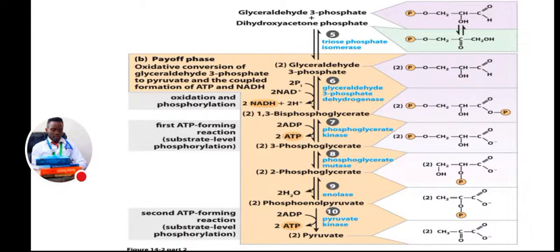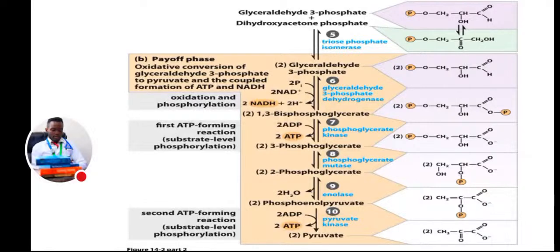Then reaction number 8, we have 3 phosphoglycerate giving us 2 phosphoglycerate. The enzyme that catalyzes this reaction is called phosphoglycerate mutase. Okay. Then we have reaction number 9. So reaction number 9, it's also a reverse reaction where 2 phosphoglycerate gives us phosphoenolpyruvate.